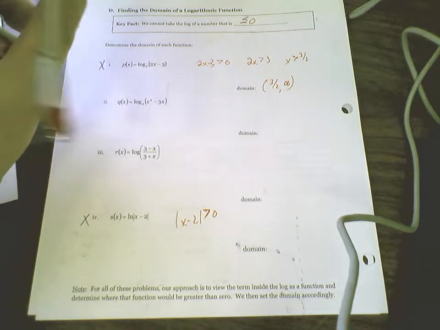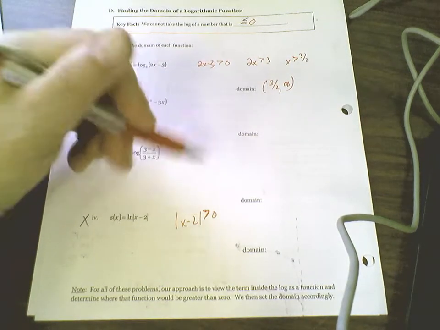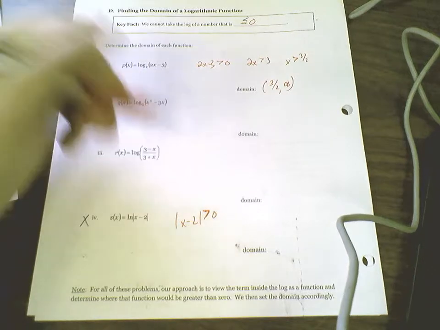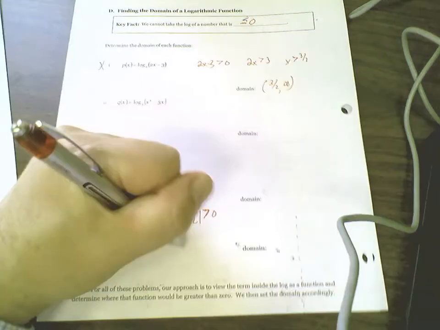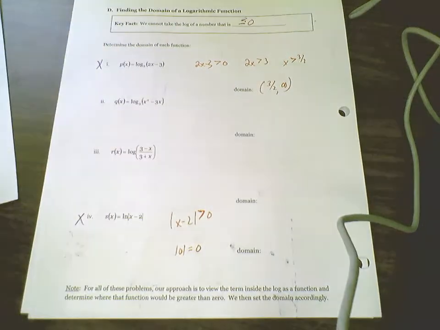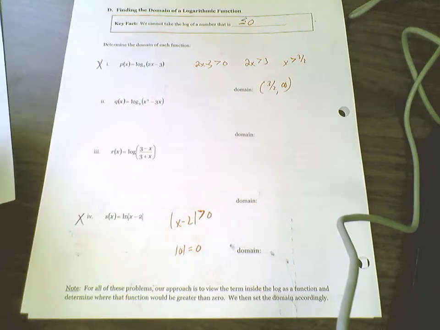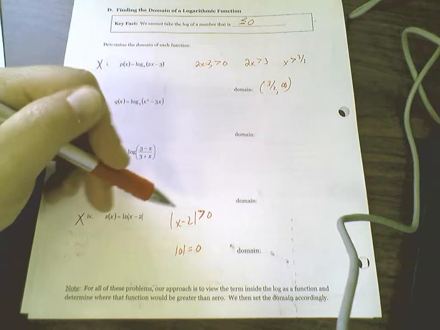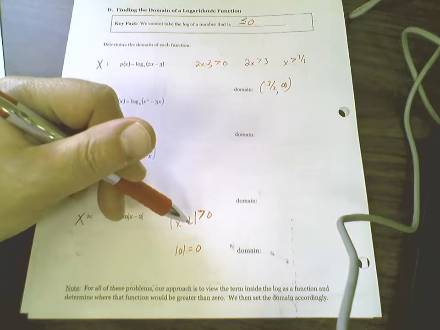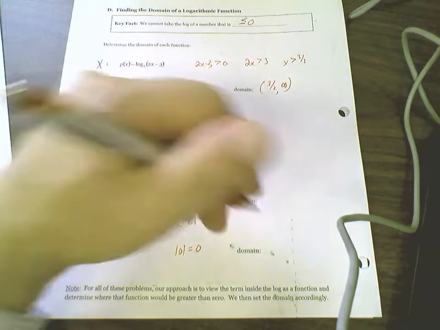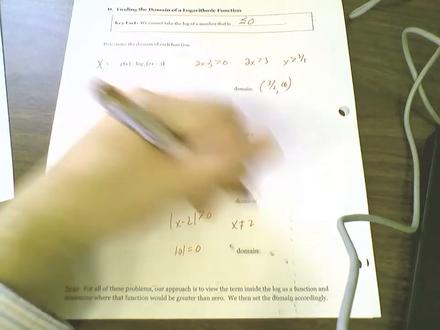The only value that could get us in trouble is, well, what? If you try to take the absolute value of 0, because the absolute value of 0 is 0, and the last time I looked, 0 isn't greater than 0. So what we're finding is, hey, the absolute value of x minus 2 from an algebraic standpoint is going to be great as long as x is not equal to 2.